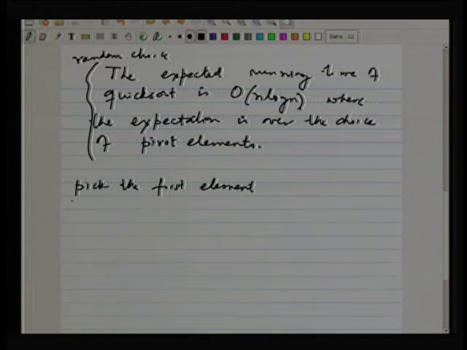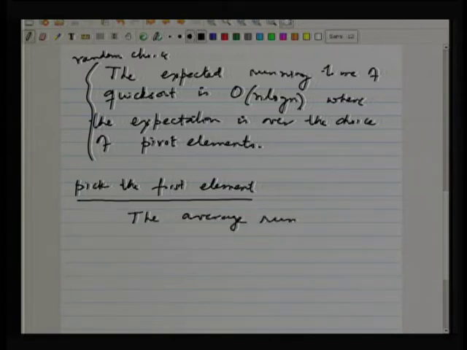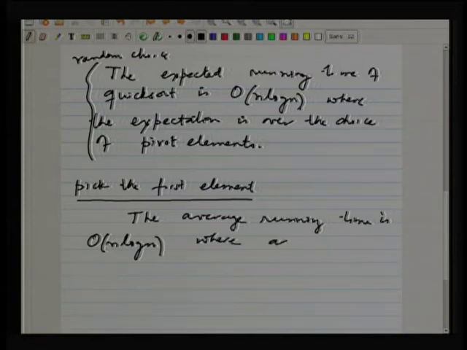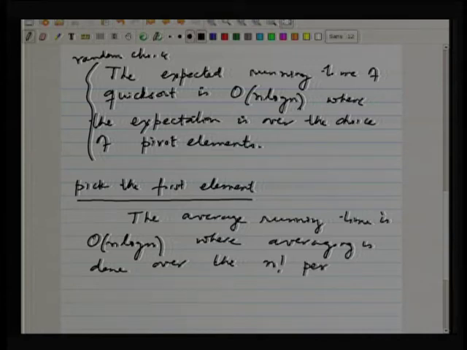in this version of the quicksort, which is actually the classical version that Hoare described, the average running time is order n log n, where averaging is done over the n factorial permutations, because initially the n elements, let us say all of them distinct, can be permuted in any of the ways.